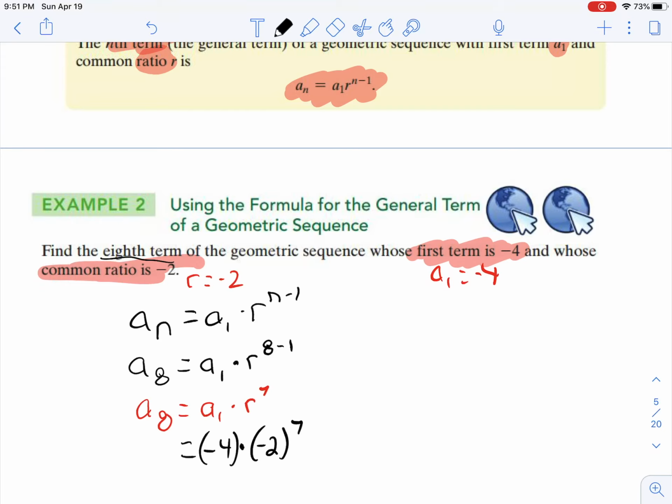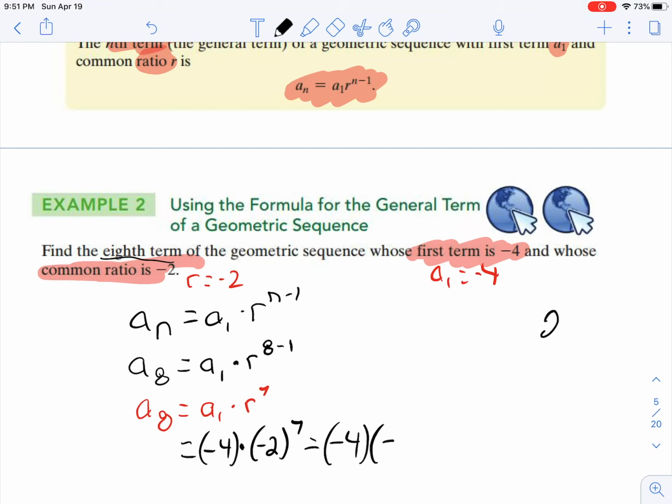So when we do this, we have to once again mind our negative. If you're multiplying negative 2 times itself 7 times, a negative times a negative gives you a positive, and then a negative, and then a positive, and as you go, since the exponent is odd, we're still going to have a negative here. So we end up with negative 4 times negative, and then 2 times itself 7 times.